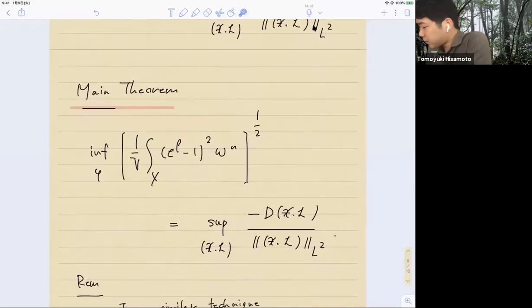So this solves a variant of Donaldson's conjecture in the scalar curvature setting, which states that the lower bound of the Calabi functional in terms of the scalar curvature is equivalent to the supremum of the minus of Donaldson-Futaki invariant.